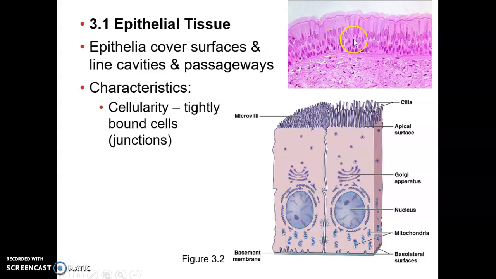And the reason they're darker is because when they prepare a slide, they stain it, colorize it so that it's readily visible on a microscope. And the nuclei pick up the stain quite readily, so they always appear darker. And then the plasma membrane of the cell tends to pick up stain as well. So you can see these little lines, and those are the plasma membranes of the individual cells.